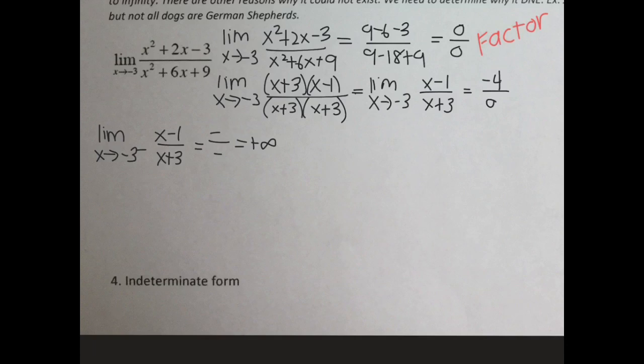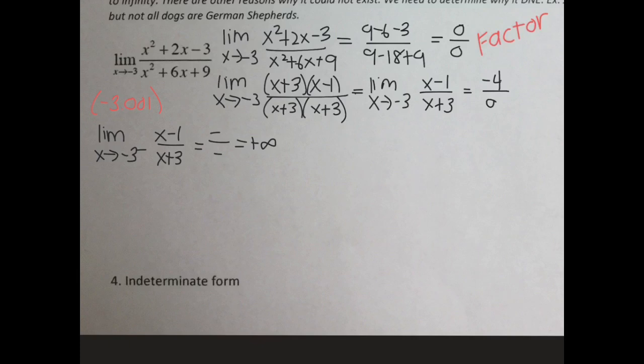Remember, I am getting closer and closer to a number from the left. So what's a number that's really close to -3 from the left? I'm going to say it's going to be -3.001 because remember on the table, that's kind of what we did. So I'm going to use this -3.001 just as a reference when plugging in this number into the simplified equation.